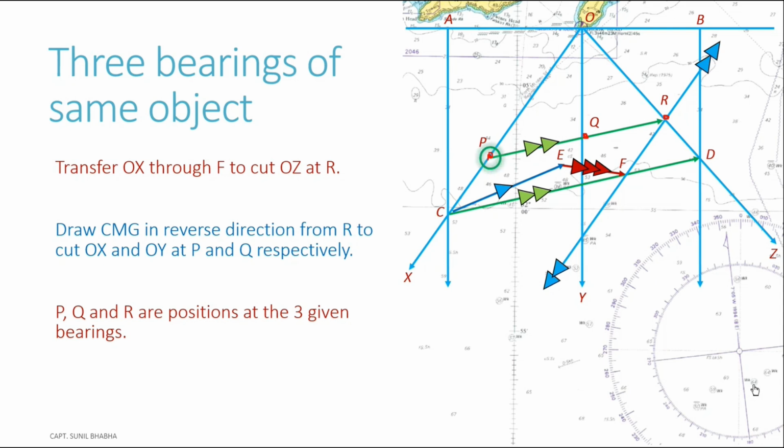A position is represented by a dot and a circle around it. So let's make these circles at all these three positions. Now we have all the three positions known to us from the plot. We have the course made good also known to us. So this is the 3-point bearing method, or three bearings of the same object method.